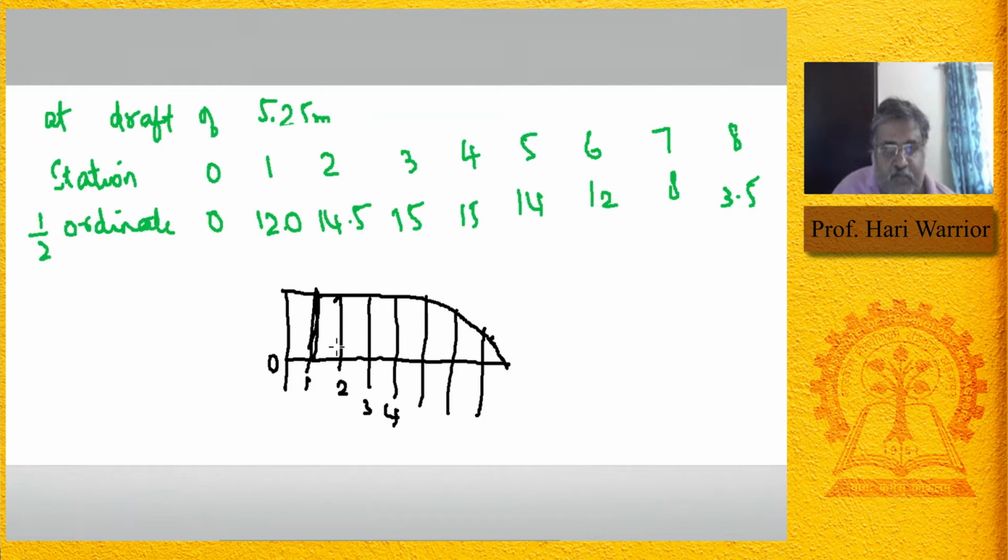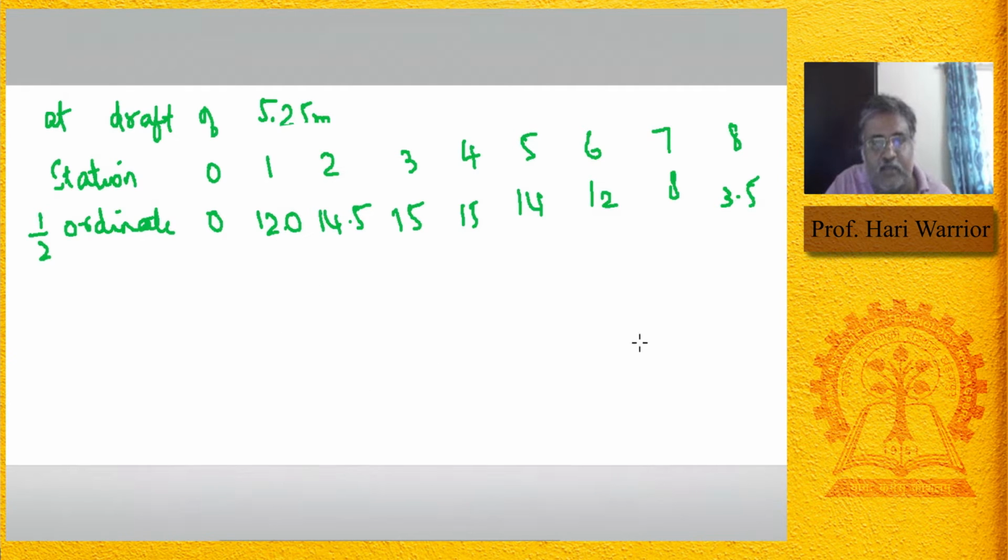It started from 0, because the half ordinate is 0. Then 1 is 12, then 14.5, 14.5, 15. This is a different kind of ship. You can look at the half ordinate and tell what kind of ship it is. The water plane area is not like a very large ship. It's most likely a small type of ship.